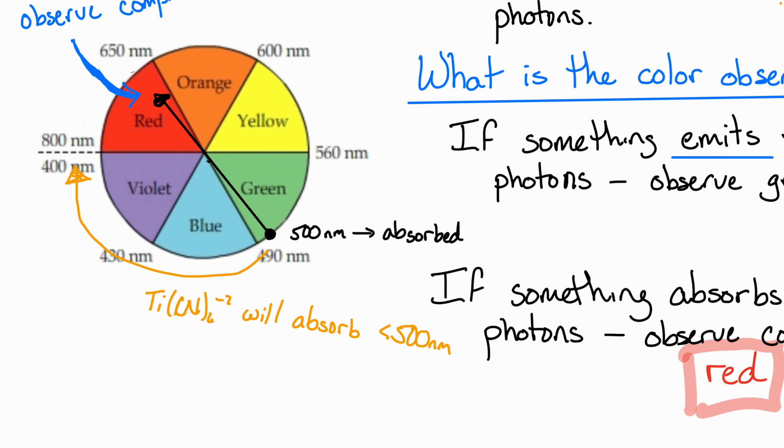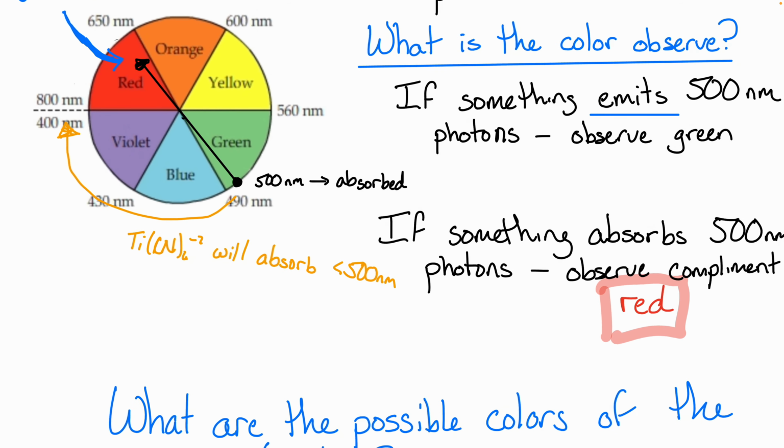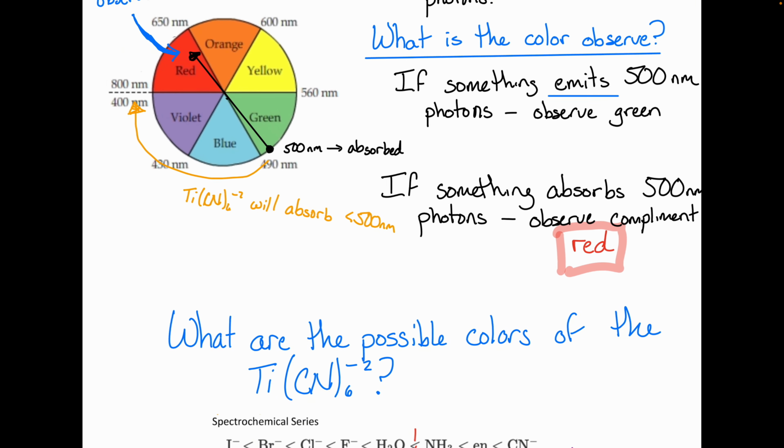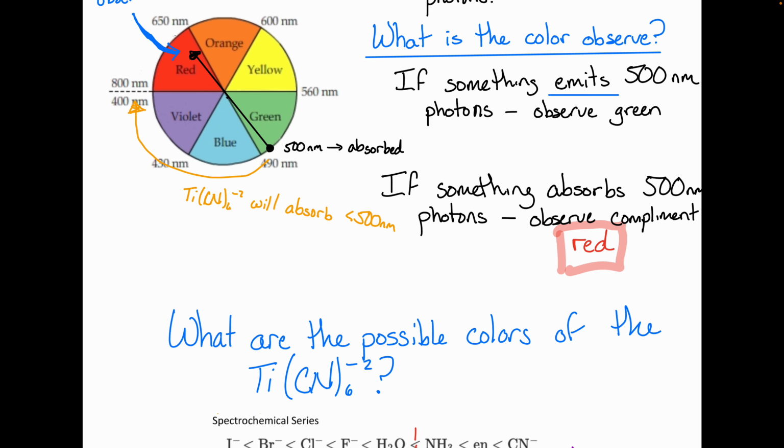All right, so maybe it's just a little bit less and it still absorbs in that green region, meaning we see red. All right, maybe it absorbs even lower, between 490 and 430, where we would perceive it to be orange. Or maybe it is even lower than that, to where we perceive it to be yellow. All right, so we're going to say most likely going to be red, orange, or yellow.